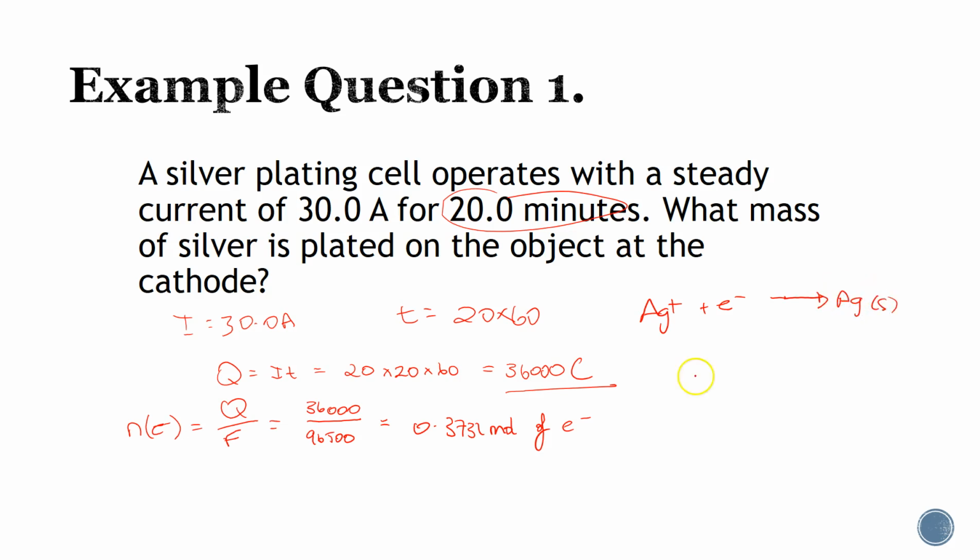Now, Ag plus 1 electron goes to Ag solid. So I can say that the mole of Ag solid produced is going to be equal to the mole of electrons that pass through the cell, which is 0.3731.